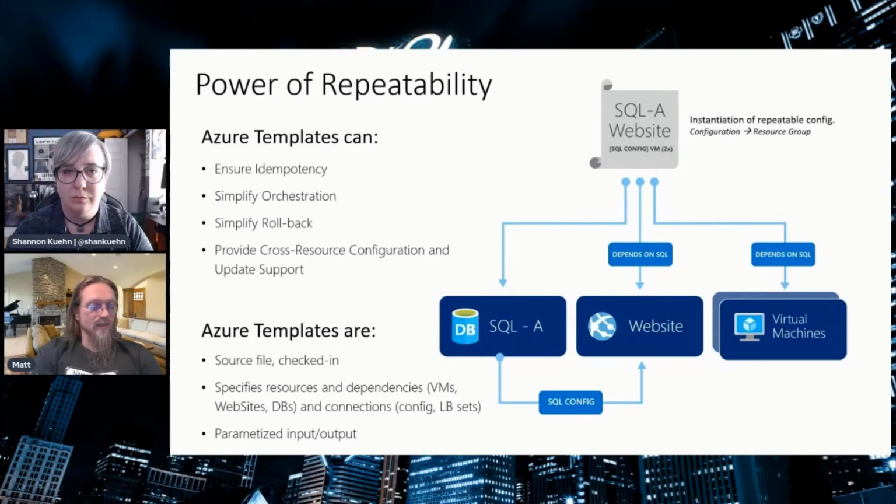And so I've used the same template to deploy dev, so I know that my environment in dev is deployed and configured the same as the environment in test, which is deployed and configured the same as the environment in production. So that's where you get this idempotency term, meaning I can deploy this thing a number of times and get the same result.